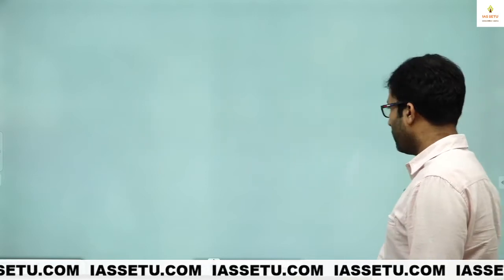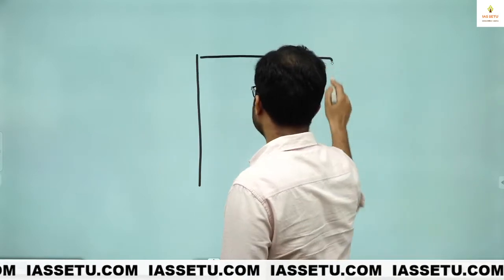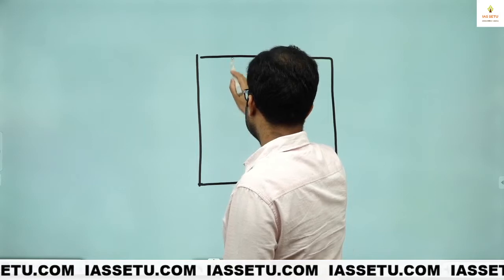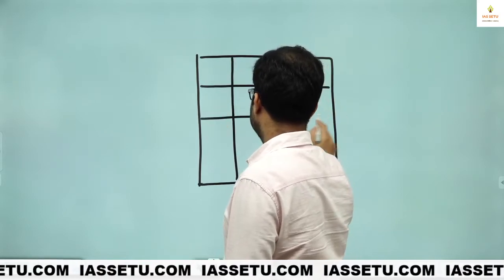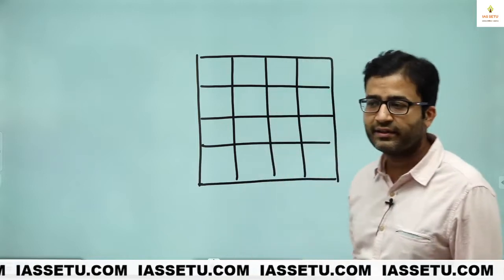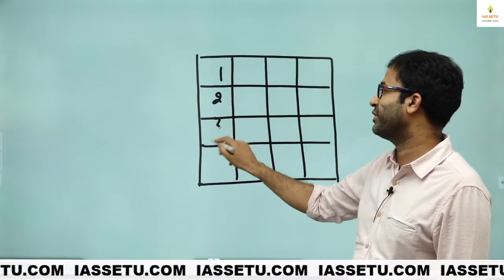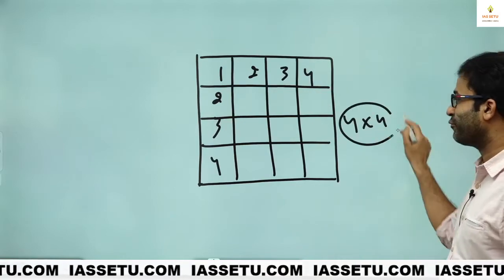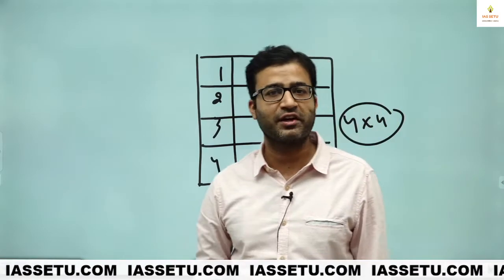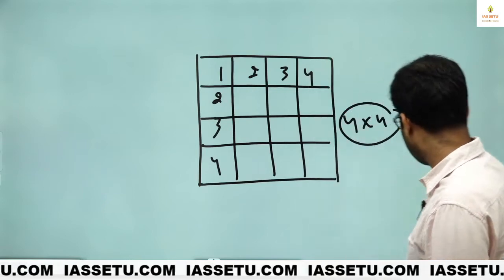Easy. Like here, for example, if this figure is given, I just count like this 1, 2, 3, 4, 1, 2, 3, 4. So this is a 4 by 4 figure, and we have to count the number of squares in the given figure. Okay, that is the idea.